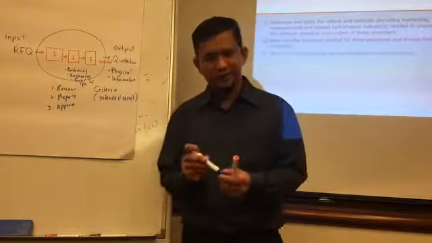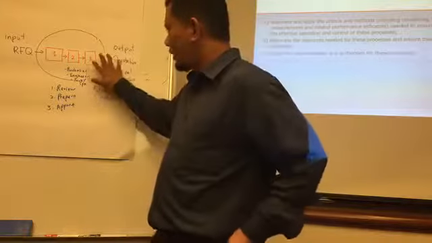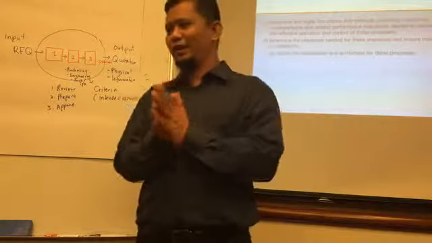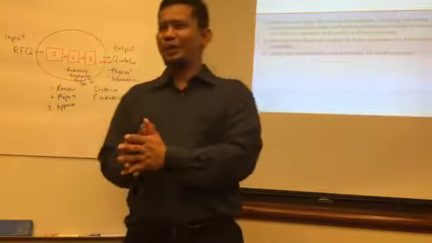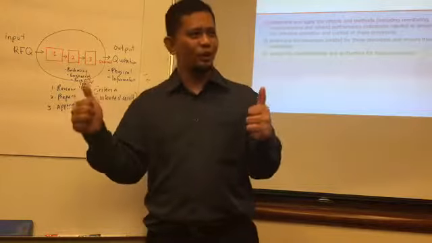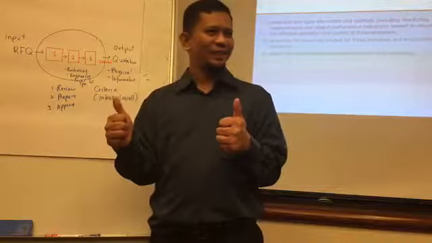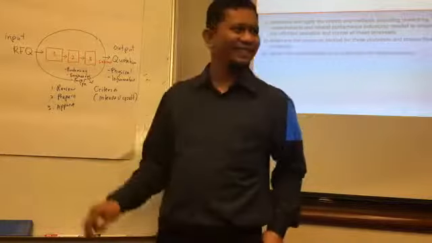Okay, what is intended result? It's quite simple. How are you going to show, for example, that the sales manager's department is doing a good job? What is the result of the sales department? High sales value.